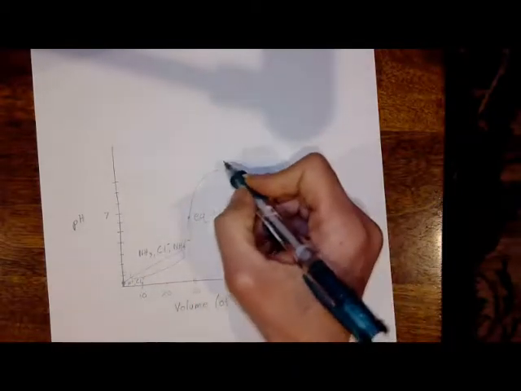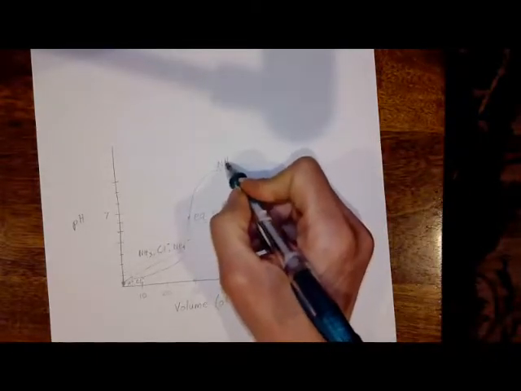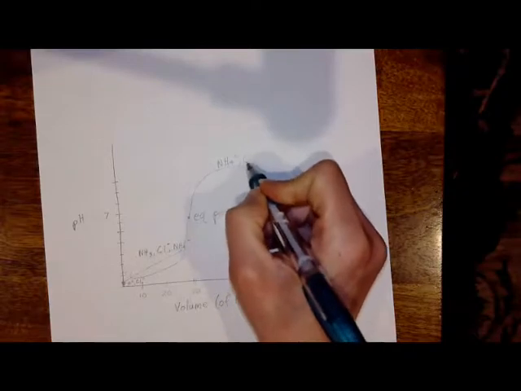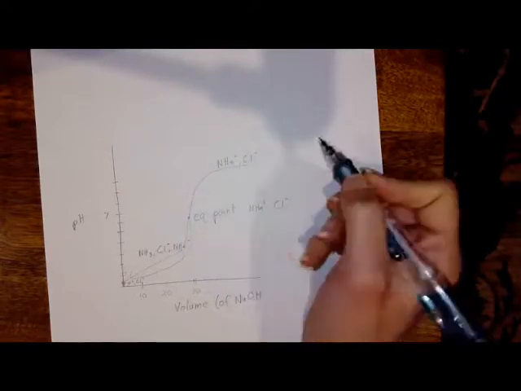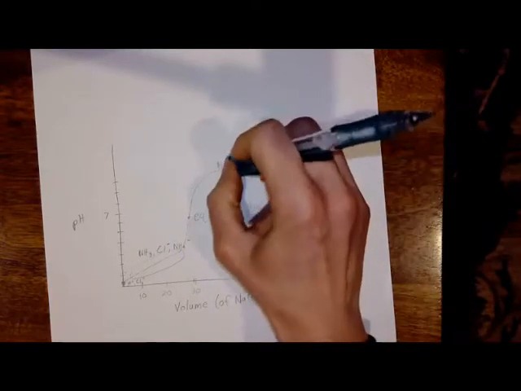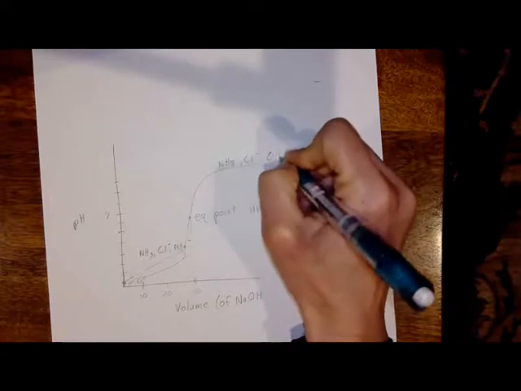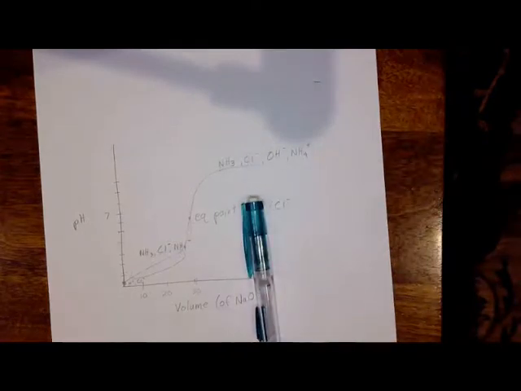And then past the equivalence point, our predominant species are NH4 plus and chloride ion, NH3, chloride ion, hydroxide ion, and NH. Okay, so that's our species. That's our titration curve.